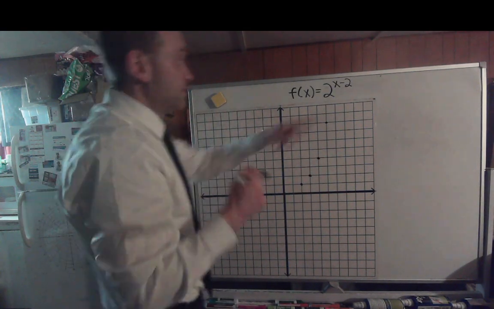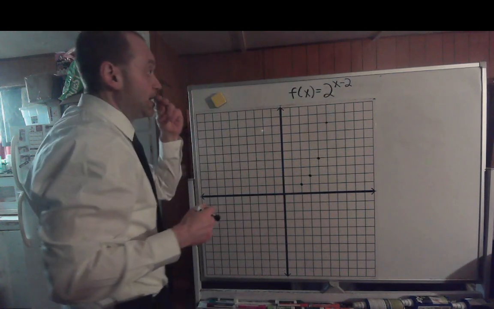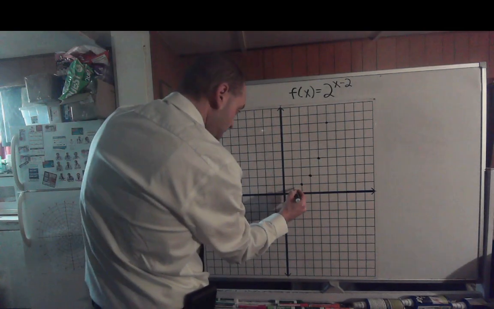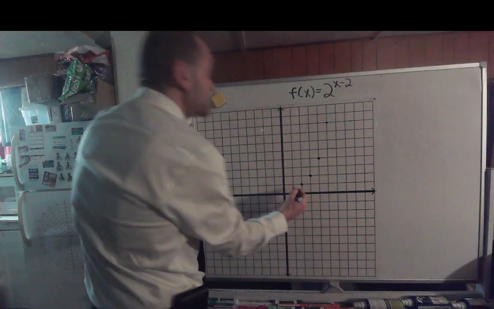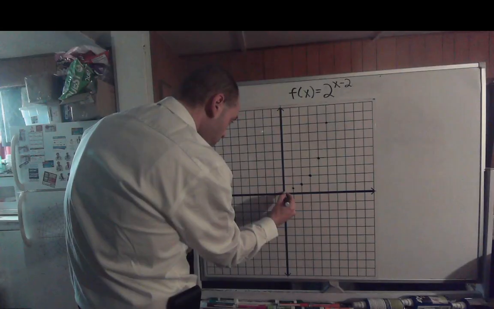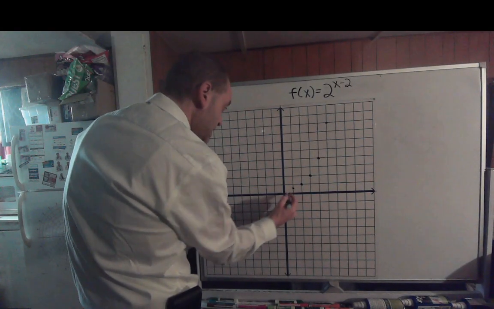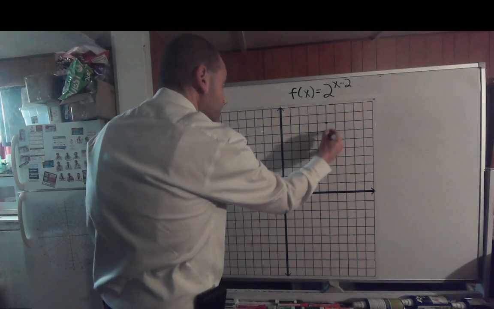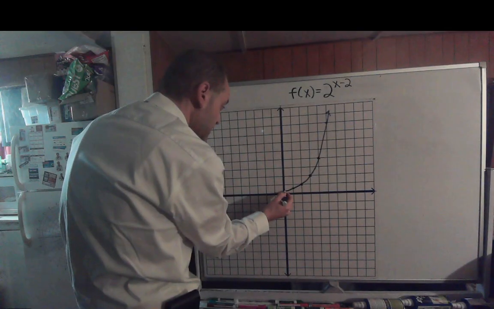Let's put in 1 for x, that would end up giving me 2 to the negative first, which is 1/2. Let's say I put in 0 for x, so 2 to the negative second gives me 1/4. And so you see everything's been shifted over to the right 2 units.